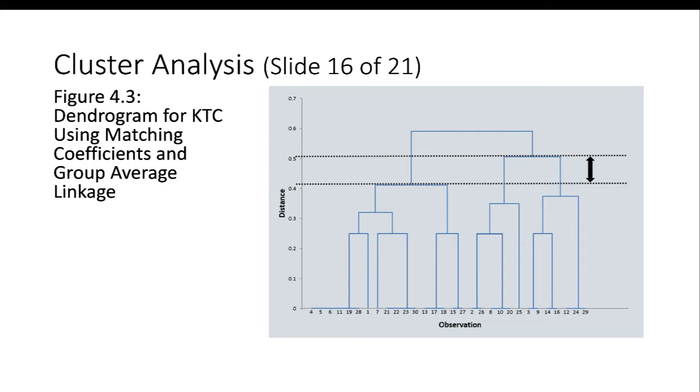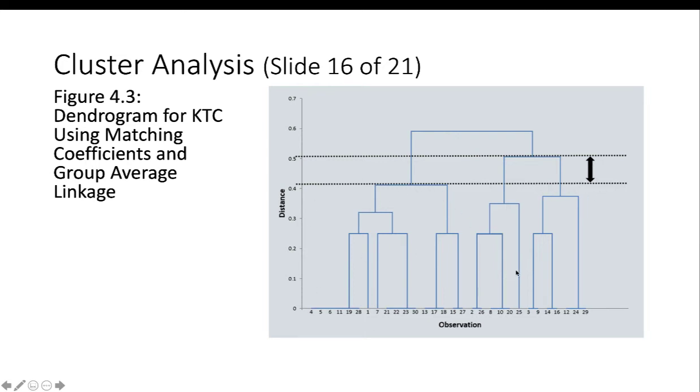So we can see that cluster 1 includes the observations 4, 5, 6, 11, 19, 28, 1, 7, 21, 22, 23, 30, 13, 17, 18, 15, and 27. This is one cluster if we are crossing the black dotted line in here.